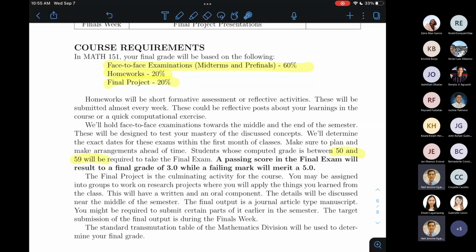At dahil hindi official yung klase na nandun sa classroom na inassign, mukhang hindi pa kayo pwedeng tumambay sa math building, unless kasama yung teacher nyo. Baka sitahin kayo pag nagstay kayo doon during the class hours, all right? But probably that's the room that we'll use for the exam. So watch out for that.